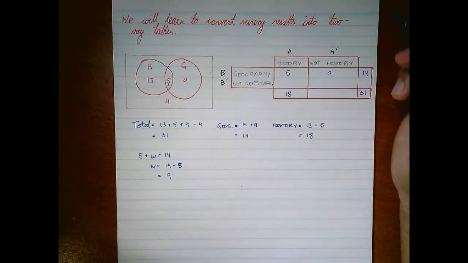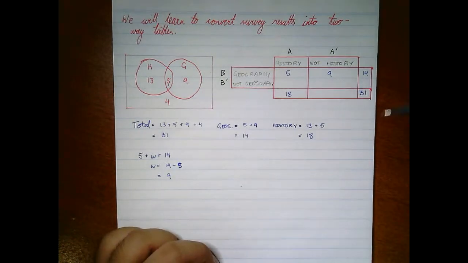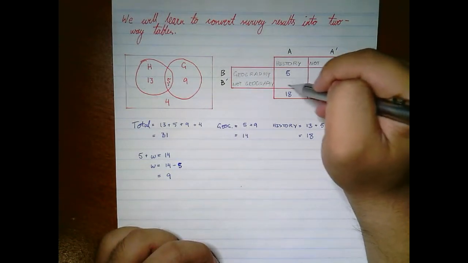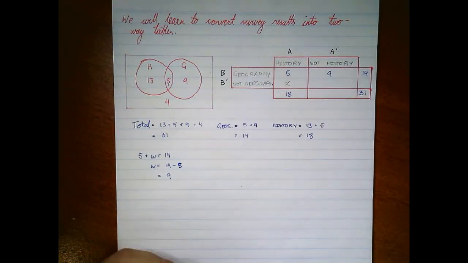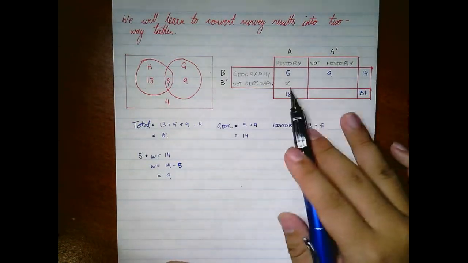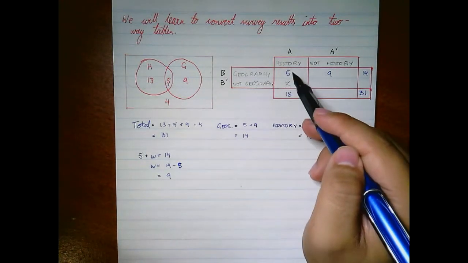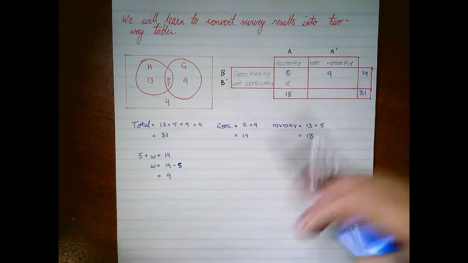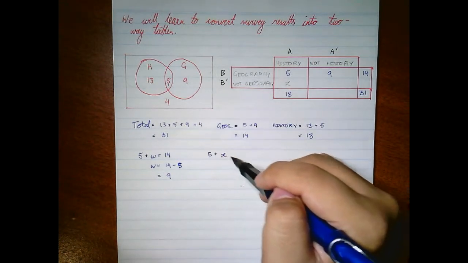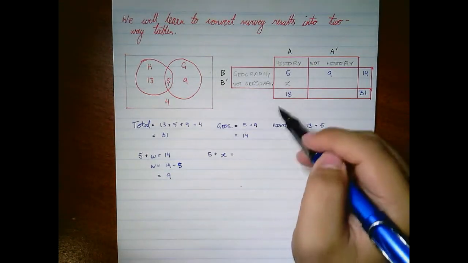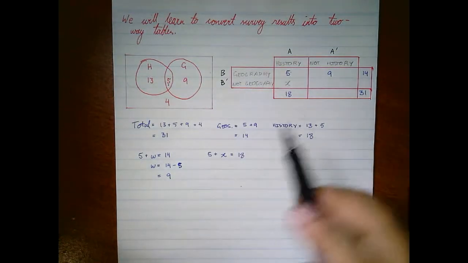I can do the exact same thing with this value here. I'll label this X. So I know 5 plus X is equal to 18.